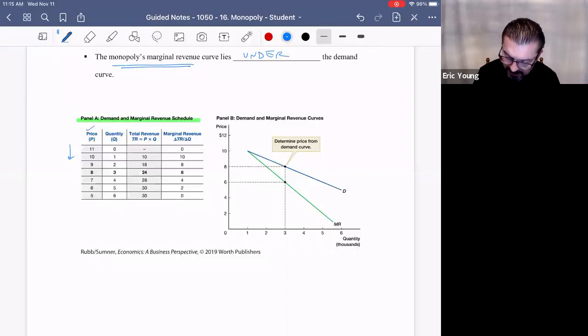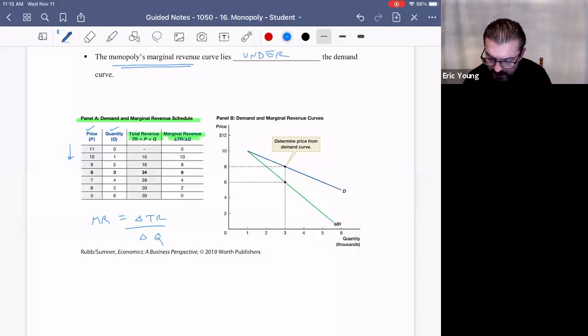If I'm given P and I'm given Q, then it's very easy to calculate total revenue by multiplying. You multiply P times Q and you get total revenue. And then once you have total revenue, you guys now know how to calculate marginal values. The marginal revenue would be the change in total revenue divided by the change in output.